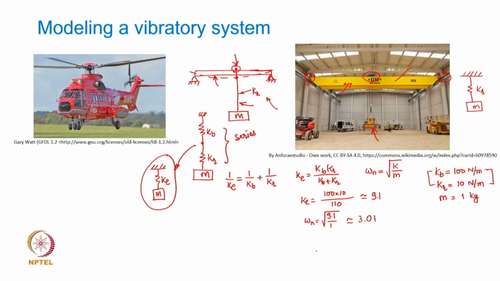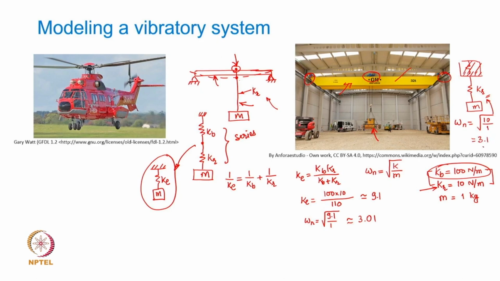And if you make a simplifying assumption saying that since this kb is too stiff compared to the rope stiffness, I will only consider the rope stiffness, assuming that this entire girder, which I earlier assumed to be with some spring, is like a rigid element, then the natural frequency is the square root of kr, which is 10 Newton per meter, divided by m, which is 1, and this is going to be 3.1 something, in radians per second.